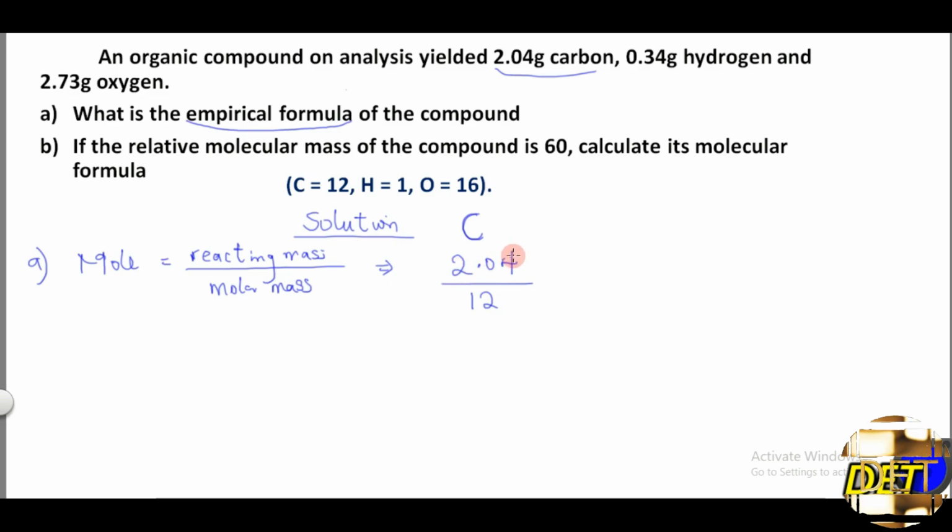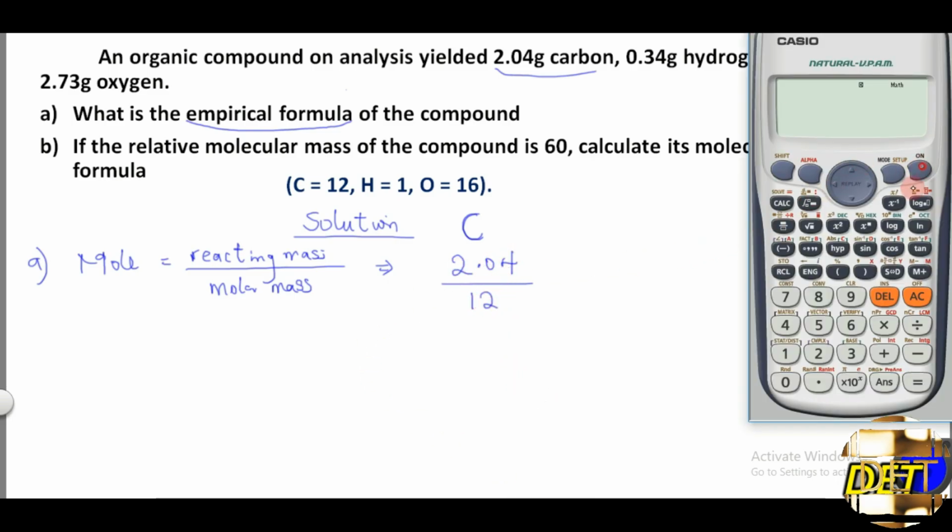So 2.04 divided by 12 is equal to 0.17. So the number of moles of carbon in this compound is 0.17.